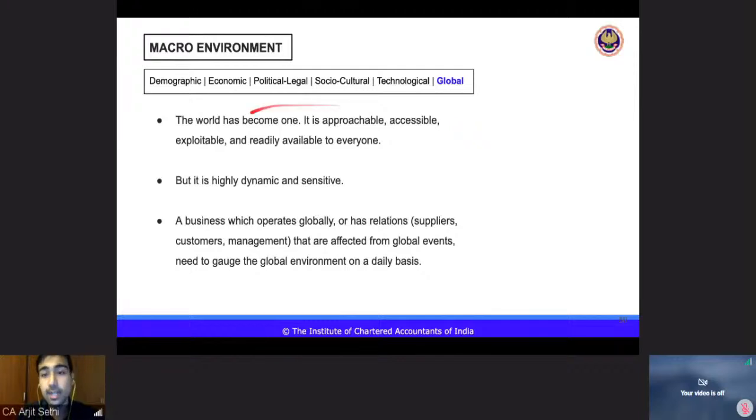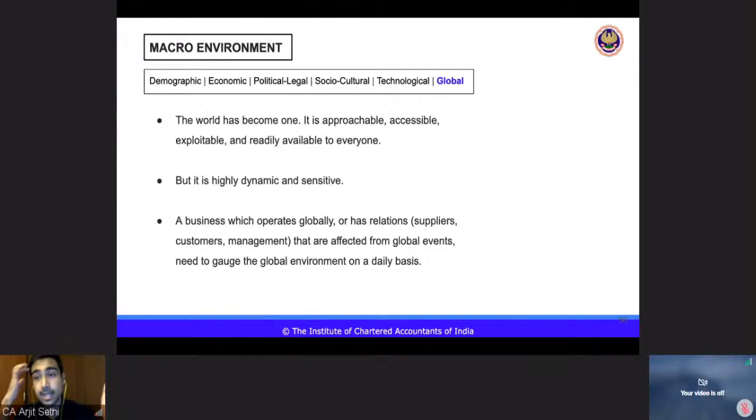So the global element is the world has become one, right? Via internet, via transportation, through flights, through planes, through international cargoes, ships traveling from one continent to another, planes traveling another 10, 12 hours, they're coming in and out of the countries, goods are going, over internet, people sitting in US with lightning speed at the real time. Right?